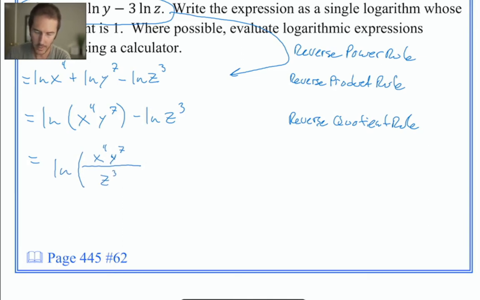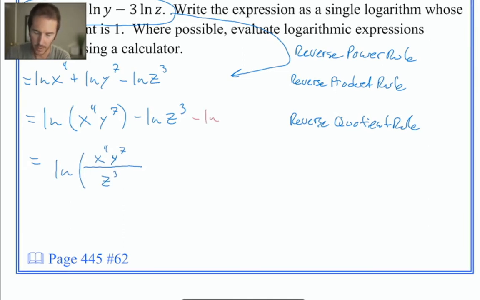If there were another minus natural log of p to the 2nd power, then we would introduce p to the 2nd power down here also, because again, if there's a negative sign in front of the natural log, that means that its argument, the z to the 3rd, the p to the 2, came from the denominator.